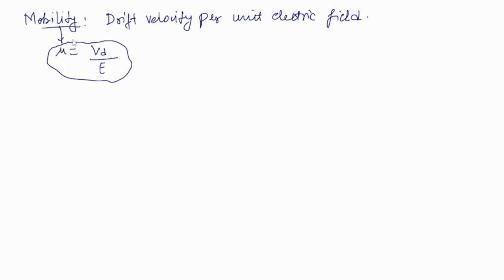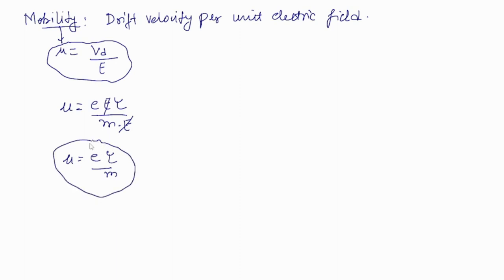Now you can write Vd as E tau by m. So put this value here. It will be E into tau upon m into E. This E gets cancelled out. Mu is equal to E tau upon m. This is mobility.